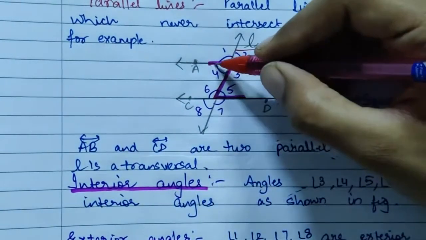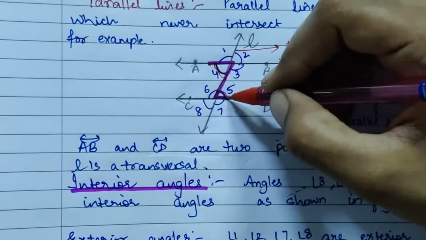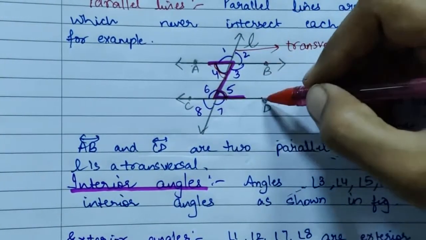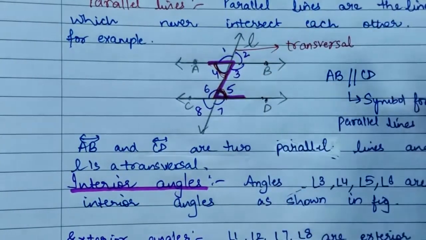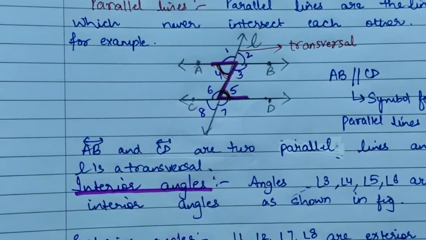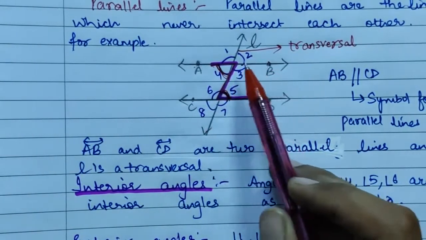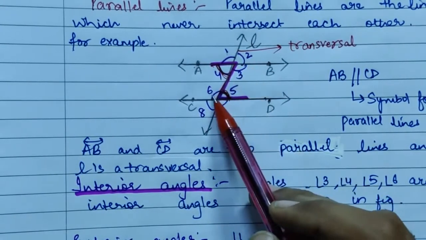So the angles coming in the Z, that is 4 and 5, they are alternate angles. And since these two lines are parallel to each other, the alternate angles will be equal to each other. Now what are corresponding angles? Corresponding angles: first of all, see the angles which are up on this line, 1, 2, here 6, 5.